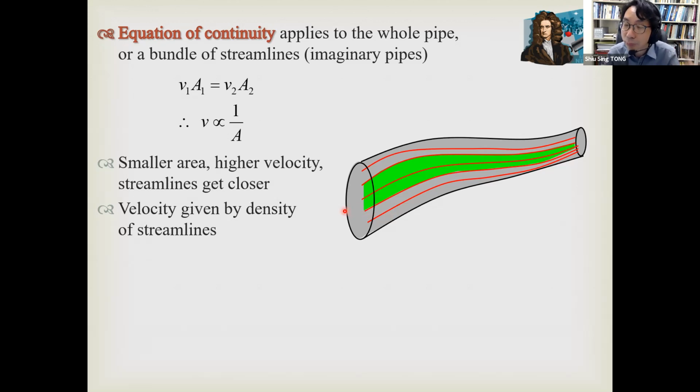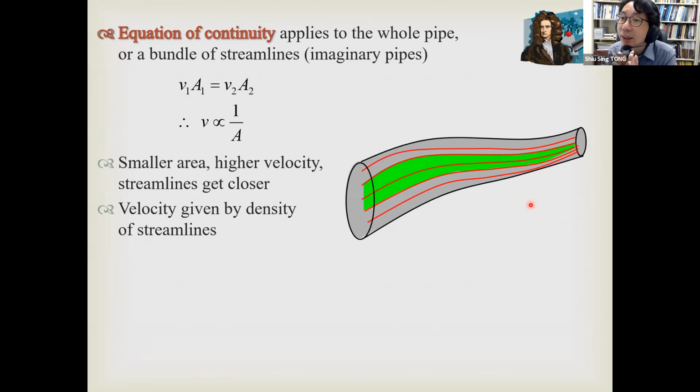You can look at the streamline density to judge whether the velocity of the flow is high or low at different positions. Okay. Now, actually, this concept is very similar to, for example, electric field or gravitational field. In the last chapter, we discussed gravitational field. When the field line density is large, when the lines are very close together, it means a strong field.